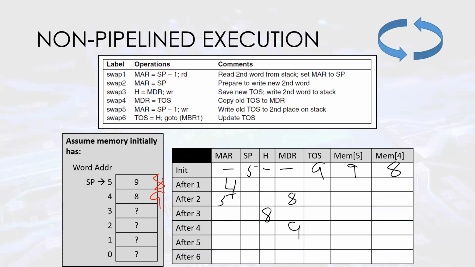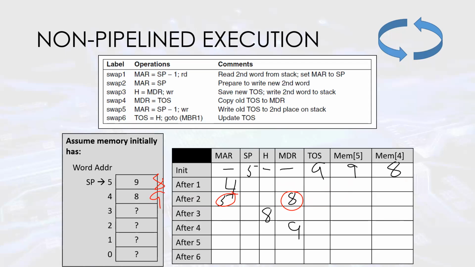When the write command was issued, it was in swap 3, right? So it basically took the MAR and the MDR, current value of that, right? And what it should do is it should have written 8 at address 5. Y'all feel good about that? Agree with that? Okay.